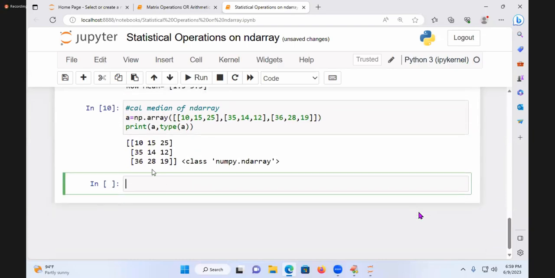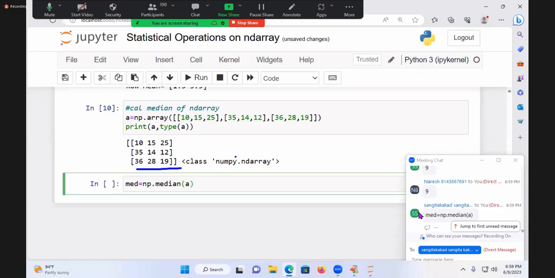How many elements are there? 9. How do you apply? MED is equal to np.median of A. The total elements are 9.